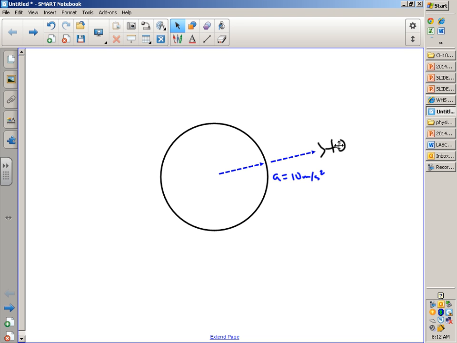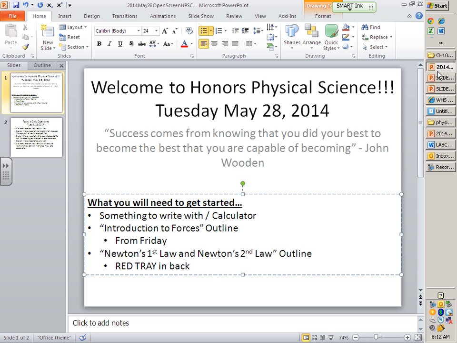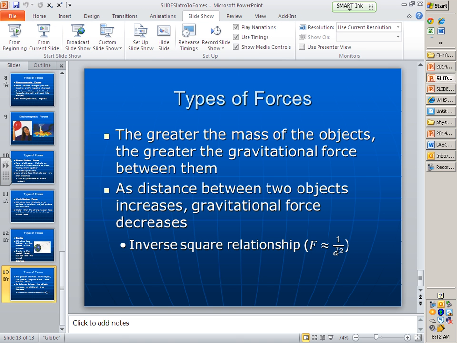Good? Going back to this relationship, F is approximately equal to 1 over d squared. First, the d is in the bottom of this fraction, so as d gets bigger, what happens to F? Smaller. That's the inverse relationship.